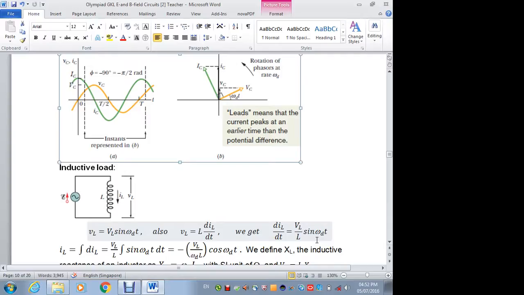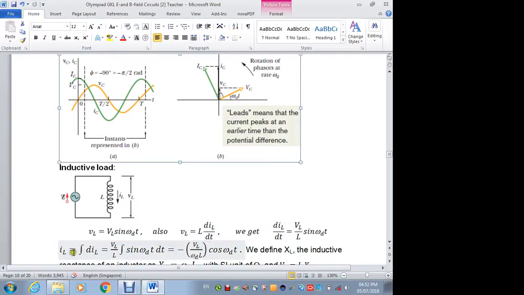It's quite easy, right? It's from these two equations. So we get di dt equal to V over L sine omega t.